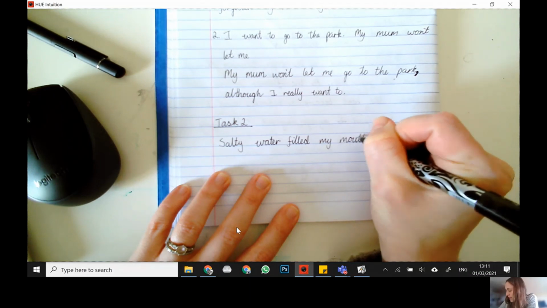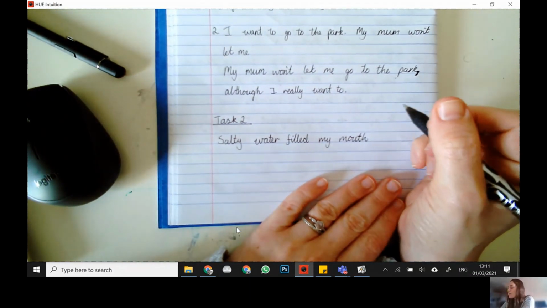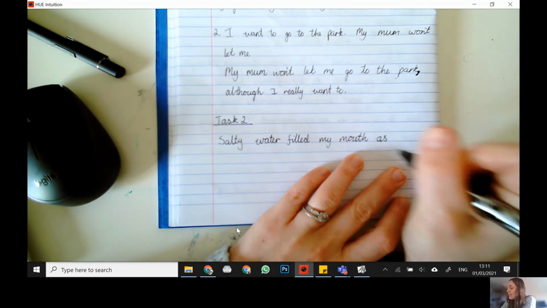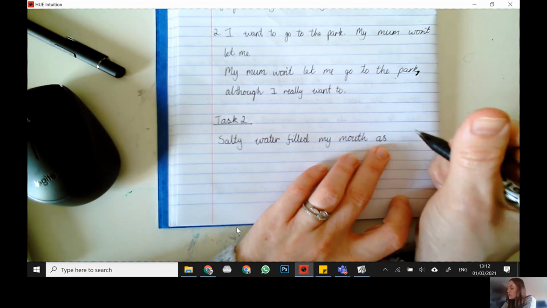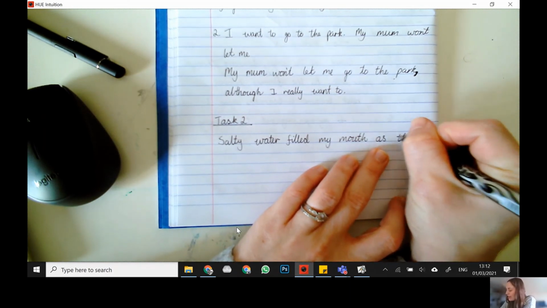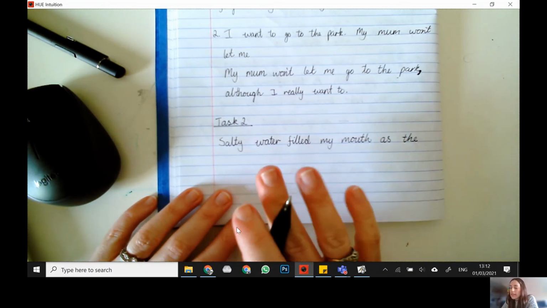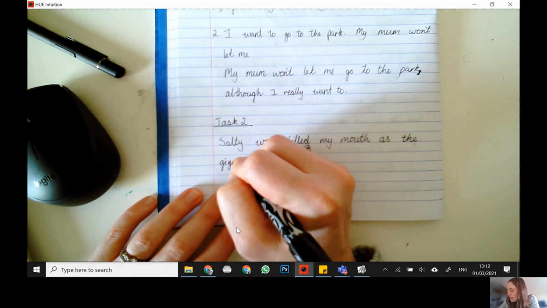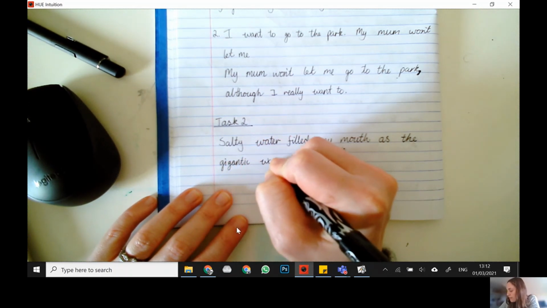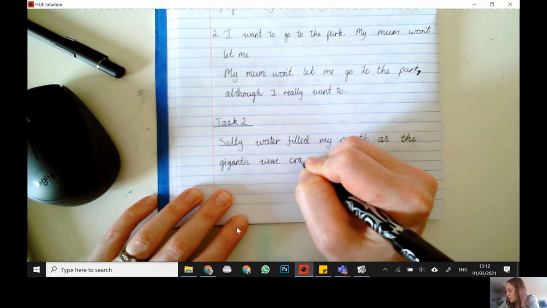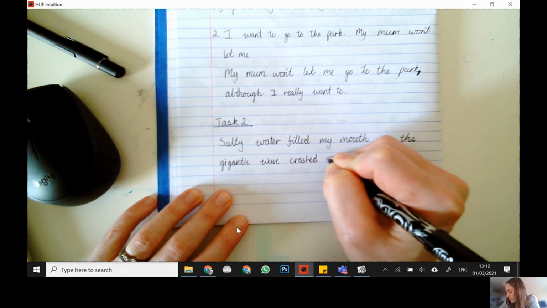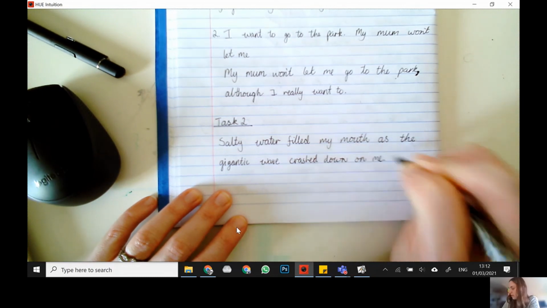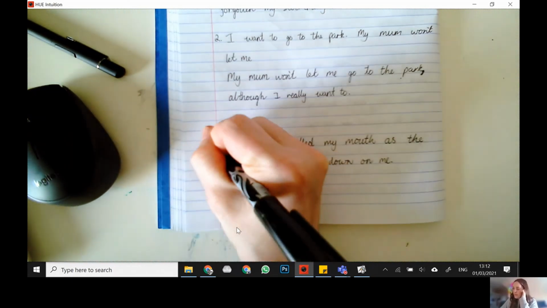And then I'm going to use a conjunction to join. The most appropriate one would be something like "as", so I know that it's happening at the same time. Salty water filled my mouth as the, and I'm not going to be lazy and just write the wave. I'm going to make it into a noun phrase: as the gigantic wave crashed down on me. Okay, lovely. So that's my first one.